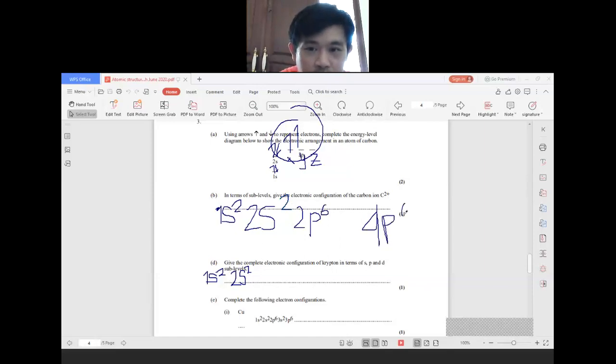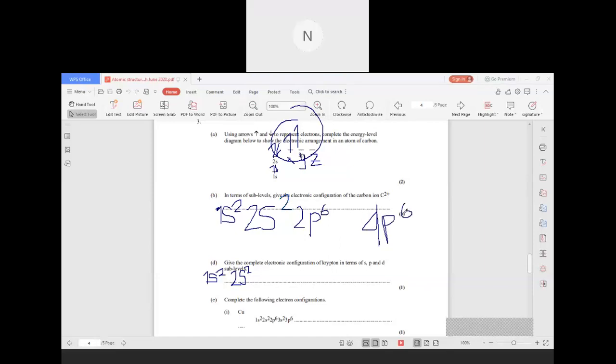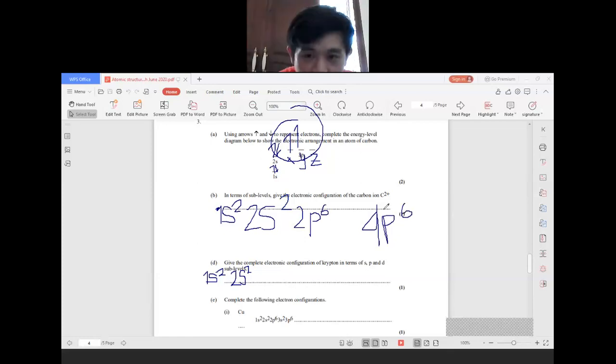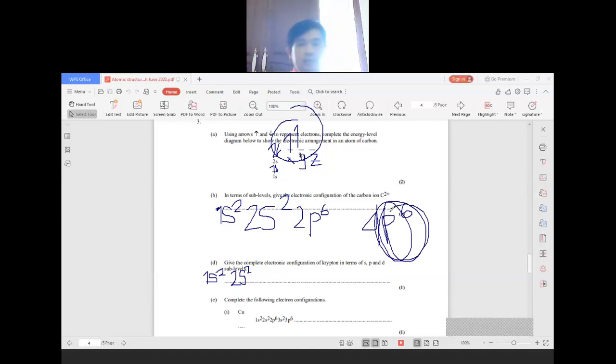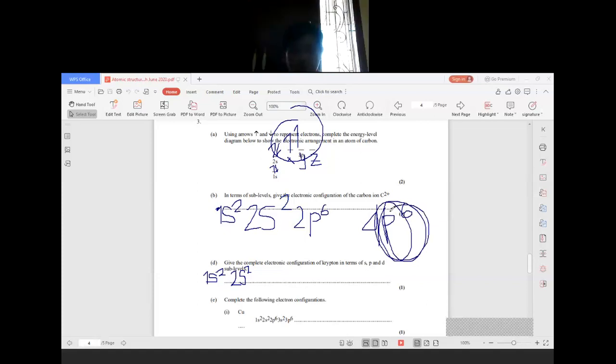Exactly. Yesterday I told the class that if an element ends with p6, it must be a noble gas element.